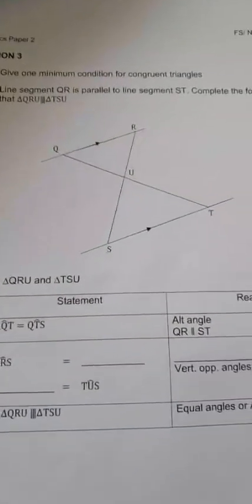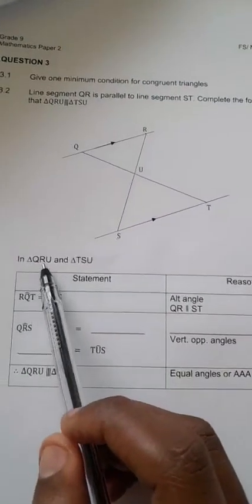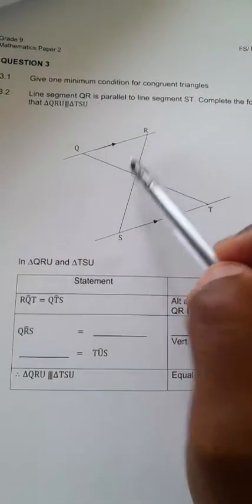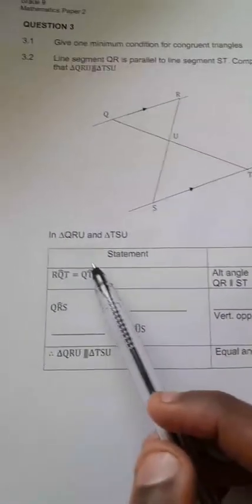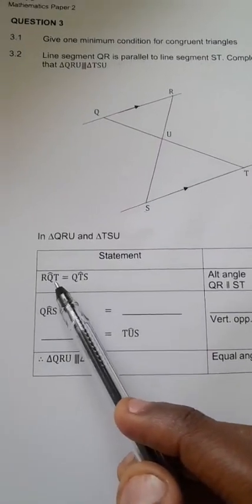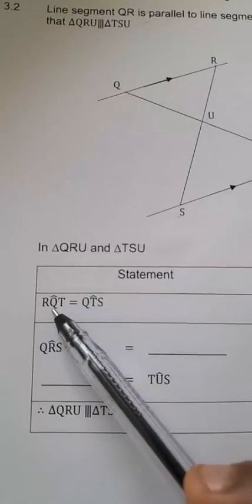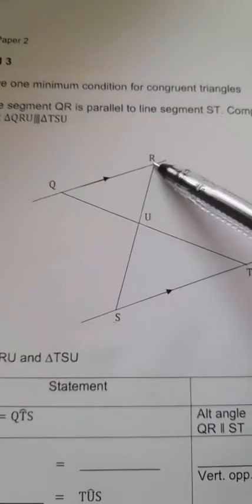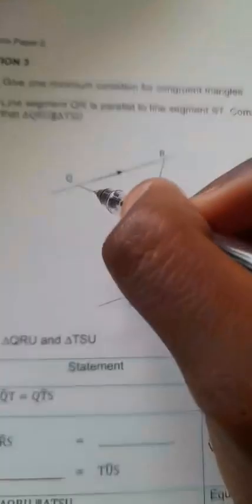Okay, so let's quickly look at this. Here we are in triangle QRU and triangle TSU. Statement number 1 says RQT. Remember, the middle letter represents the angle. RQT, meaning this angle here.